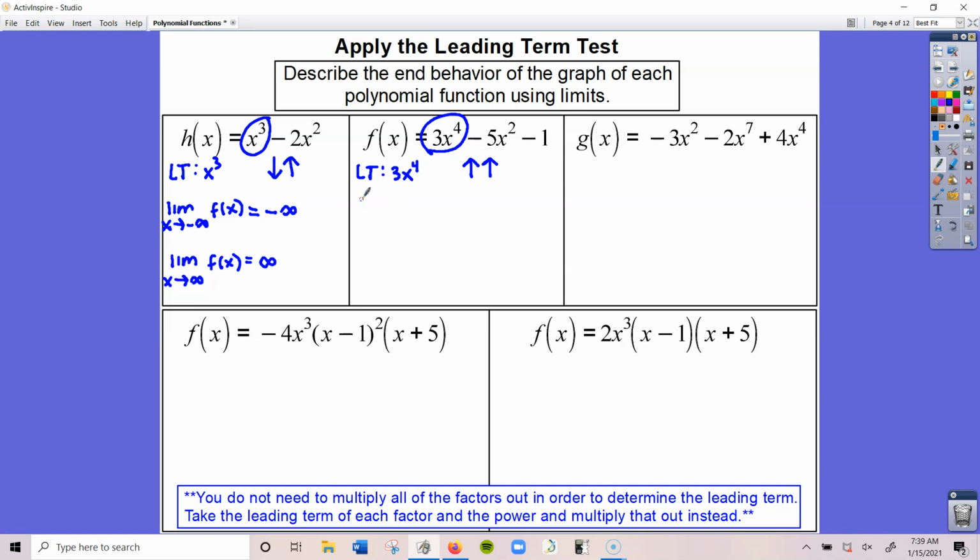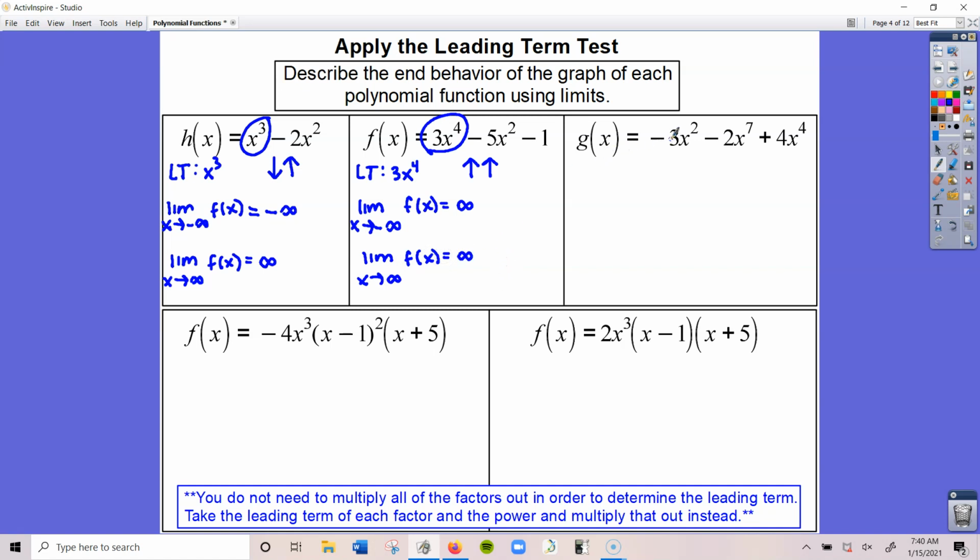So that means that the answer to both of my limit statements would be positive infinity, since both of these arrows are going up. So the limit as x is approaching negative infinity is positive infinity, and the limit as x is approaching positive infinity of f of x is also equal to infinity.